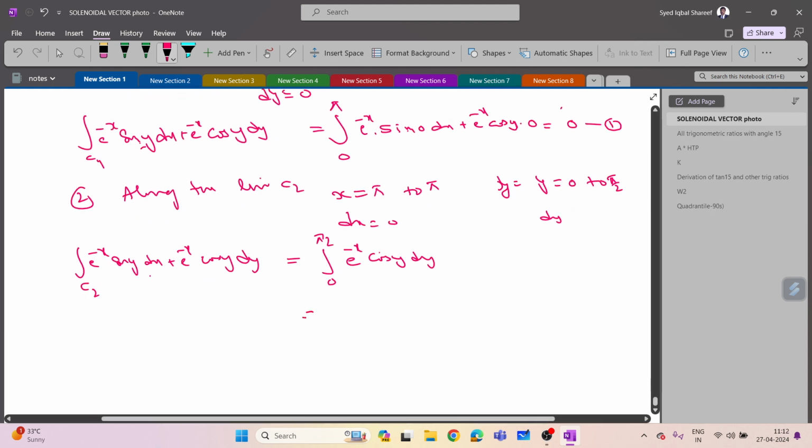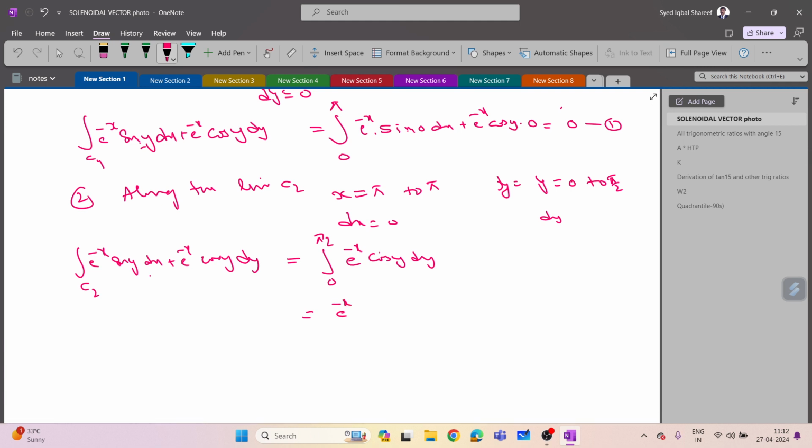So integration, e to the power of minus x outside, and x is pi. So this will be e to the power of minus pi outside, 0 to pi by 2 cos y dy. So integration of cos is sin y, 0 to pi by 2.